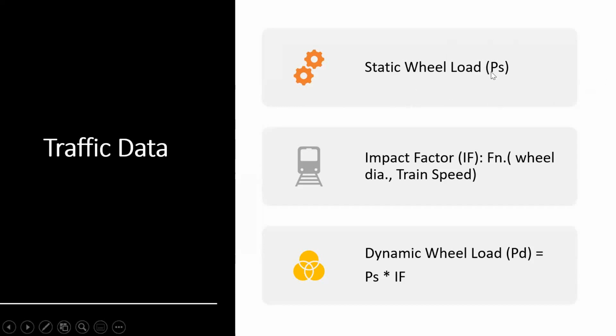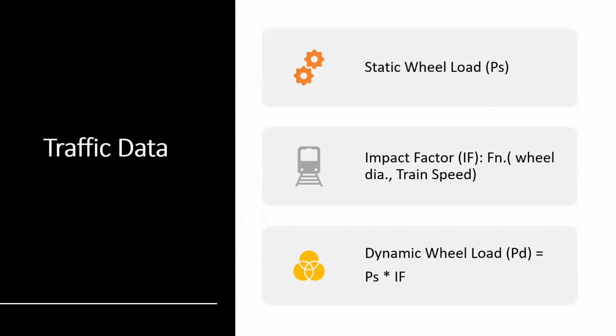So the static wheel load is something that you usually get depending on the train type. When we talk about trains, we're talking about locomotives, and rail cars that typically carry passengers or freight along the rail track.